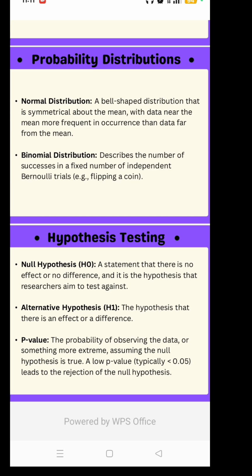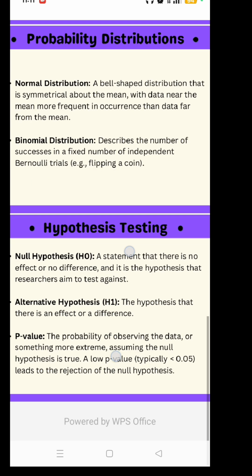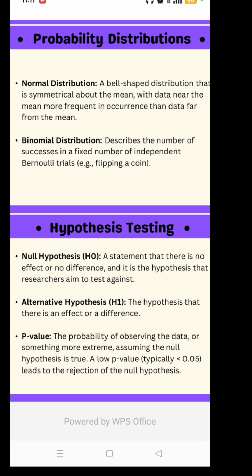Next, the p-value. The p-value plays a very important role in testing of hypothesis. It is the probability of observing the data or something more extreme, assuming the null hypothesis is true.